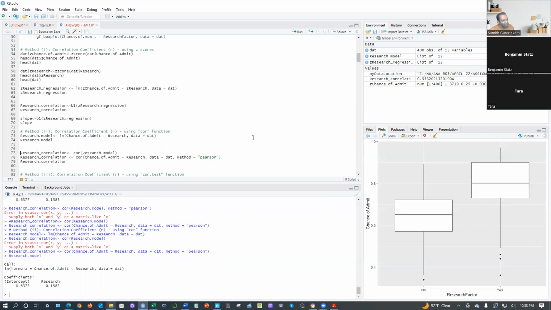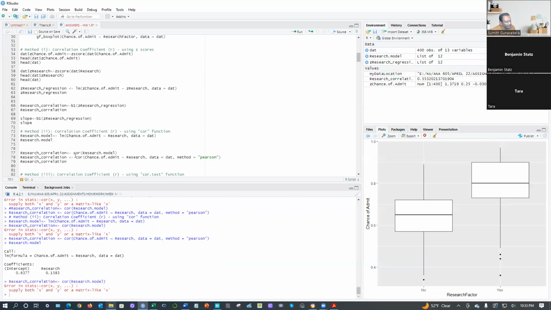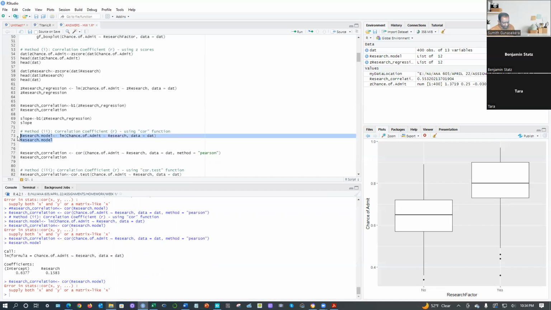Research correlation. No, it came back to the same thing. I'm talking about this one. This one doesn't work. This one doesn't work. This one doesn't work, so we don't need this one as well.